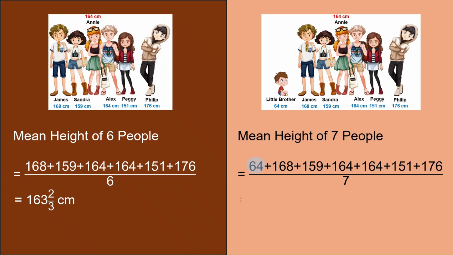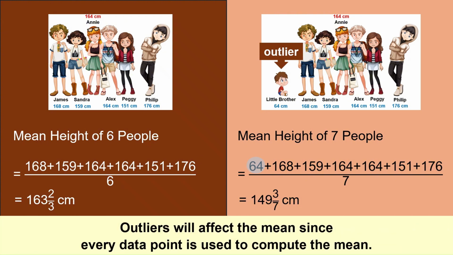This gives a new mean of 149 3/7 cm. It is not surprising that the new mean is so much smaller than the previous mean, because little brother's height is an outlier, and an outlying data point will affect the mean, since every data point is used to compute the mean.